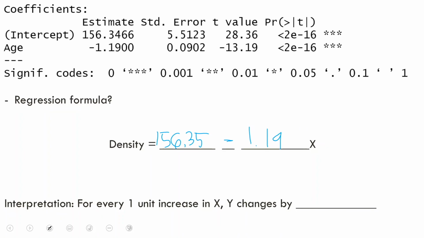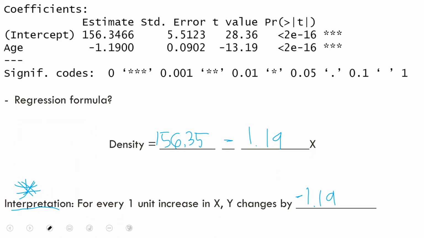And so our interpretation with this, this is a very important thing. Keeping this in mind, we see that with this linear model, for every 1 unit increase in x, y changes by negative 1.19. Don't forget the negative, very important, right?